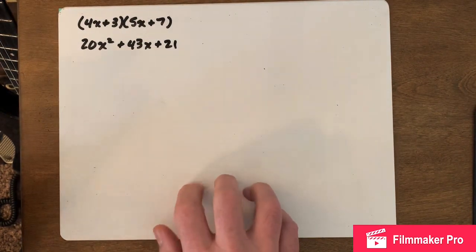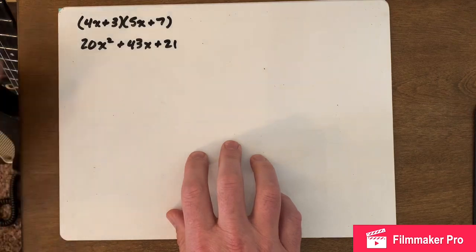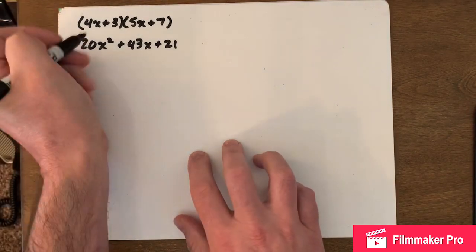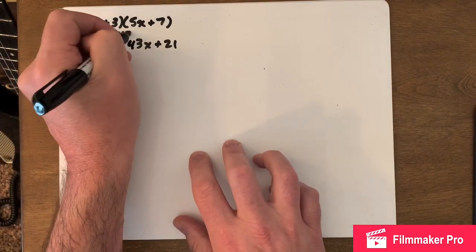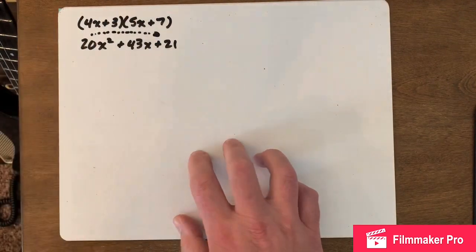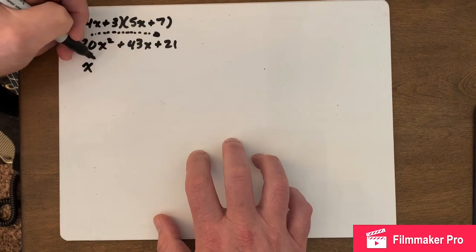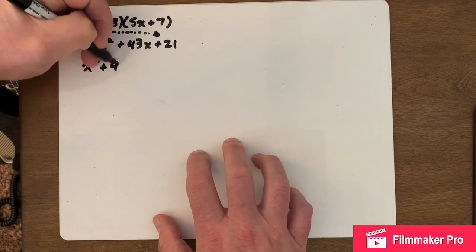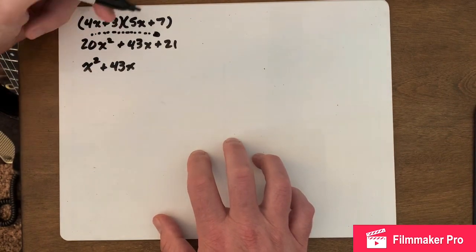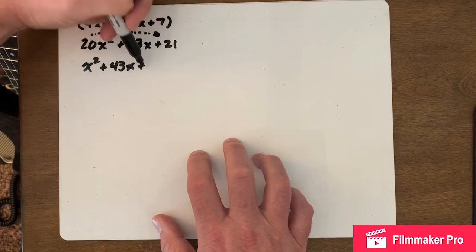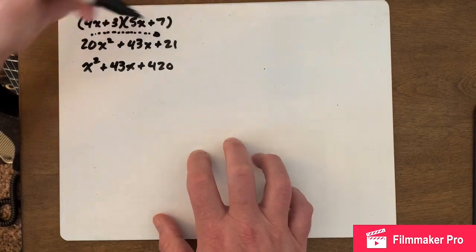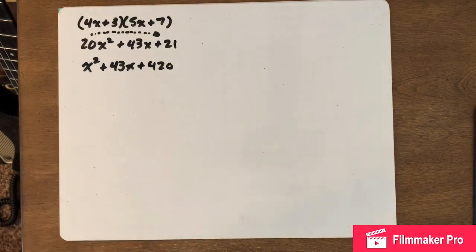All right. Again, we're going to slip the 20 back with the 21. And I'll show a line. I wish I had some colored markers, but I don't at the moment. And so we're going to multiply 20 times 21. So we have x squared plus 43x, and then you have 420. That 420 right there looks pretty complicated. There's a lot of factors that go into that.